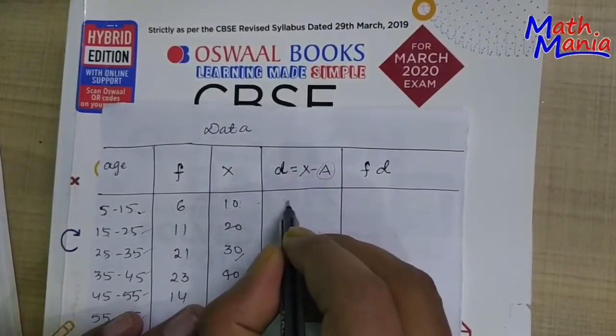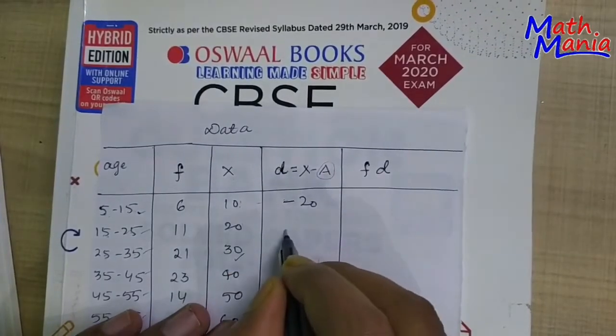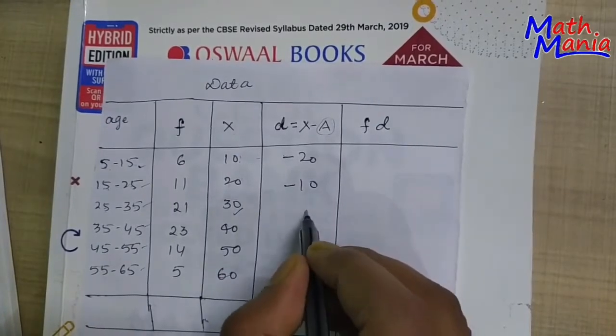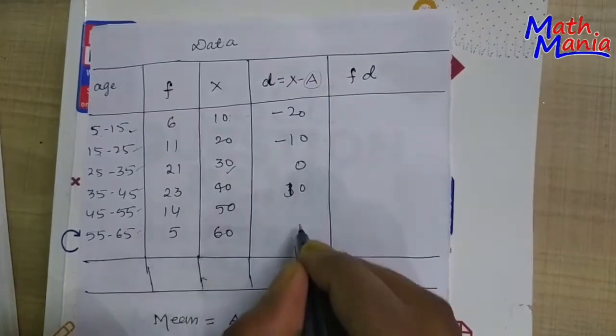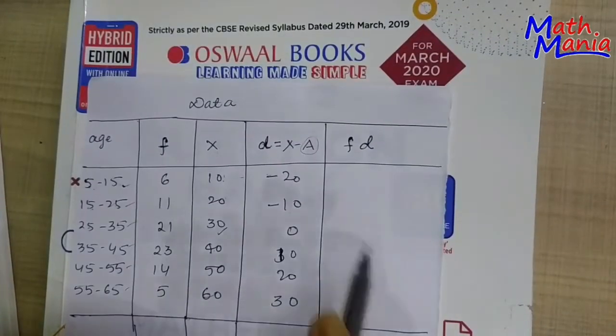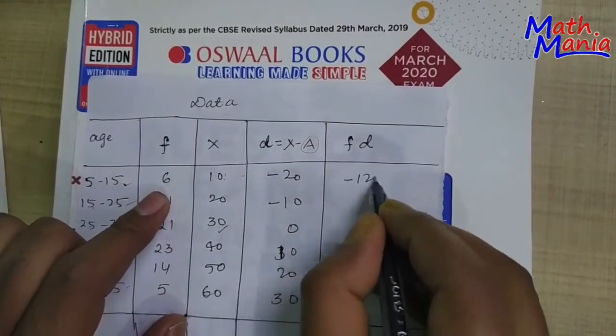Then find the value of d. d is x minus a, means 10 minus 30, which is minus 20. 20 minus 30 is minus 10. 30 minus 30 is 0. 40 minus 30 is 10. Then 50 minus 30 is 20 and 60 minus 30 is 30.